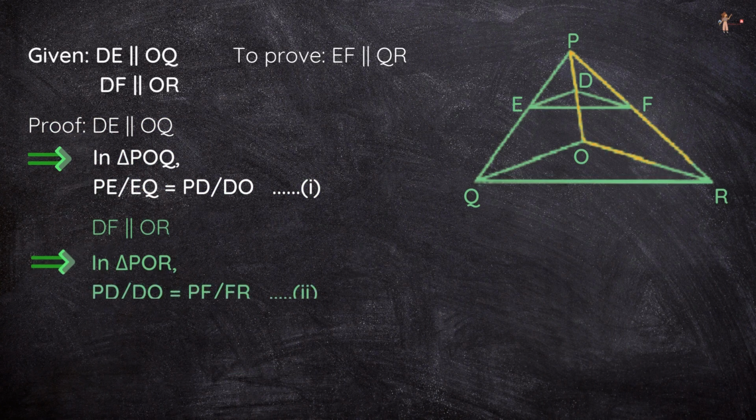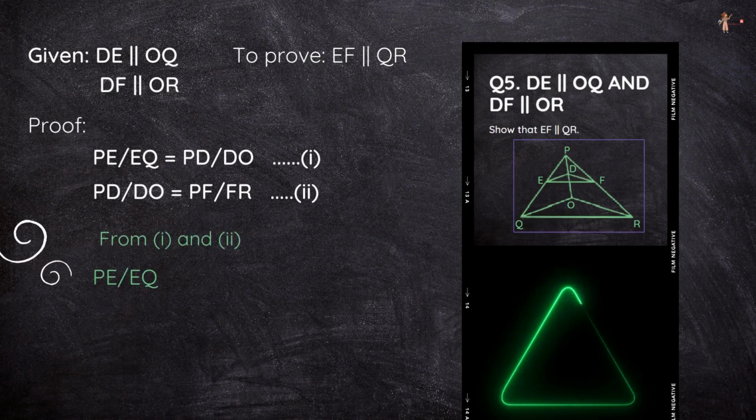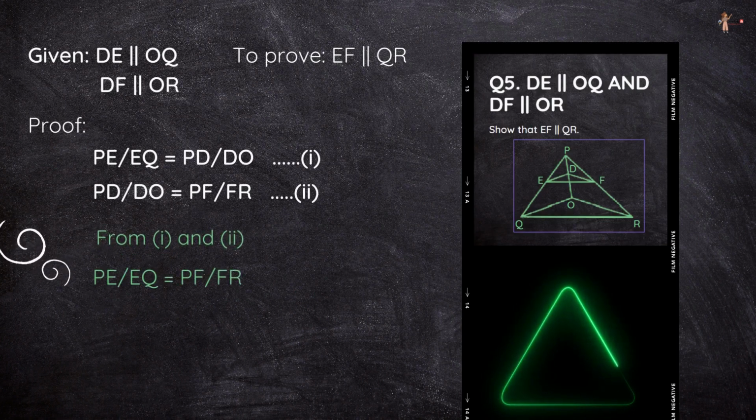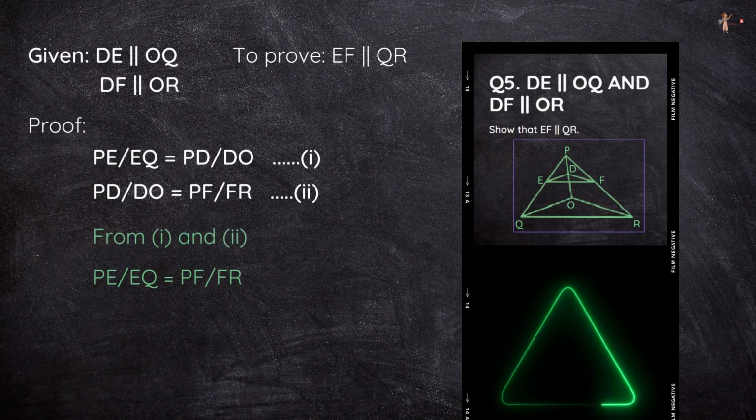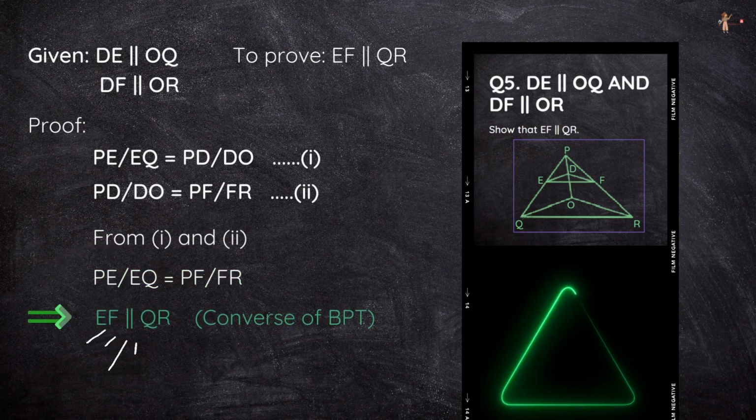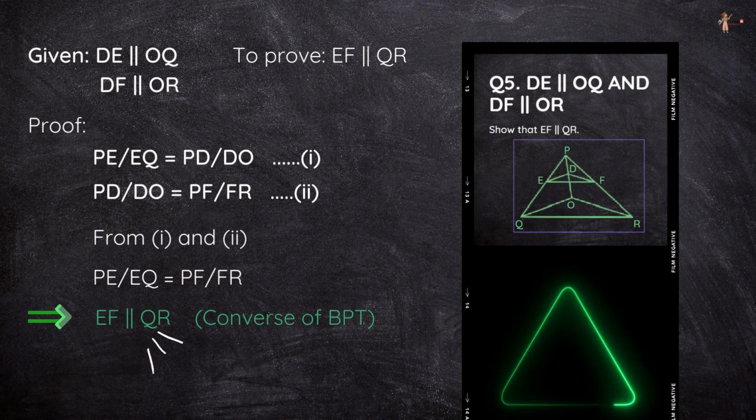Since DF is parallel to OR, we get PD upon DO is equal to PF upon FR. From these two equations, we get PE upon EQ is equal to PF upon FR, which means EF is parallel to QR by converse of BPT theorem.